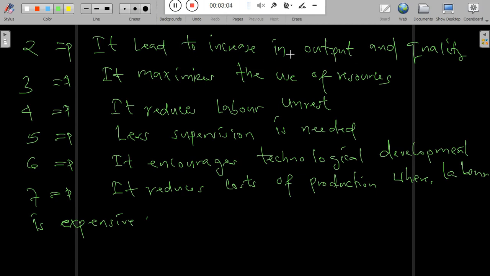It also maximizes the use of resources and reduces labor unrest. Less supervision is needed under capital-intensive production, since a single person can operate everything. It encourages technological development, and it reduces the cost of production when labor is expensive.